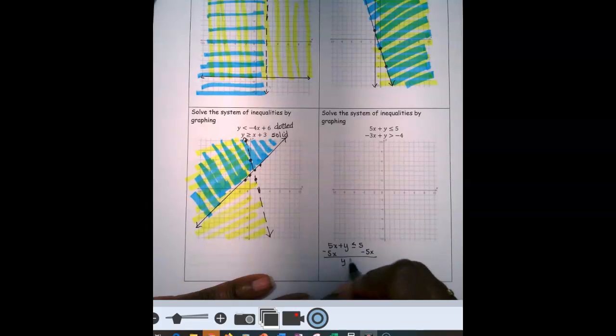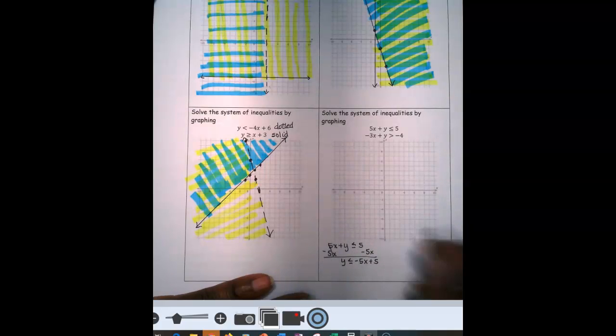We've got y is less than or equal to negative 5x plus 5. So that one's done. And then we've got negative 3x plus y is greater than negative 4. And I'm going to add 3x, add 3x. Y is greater than 3x minus 4.